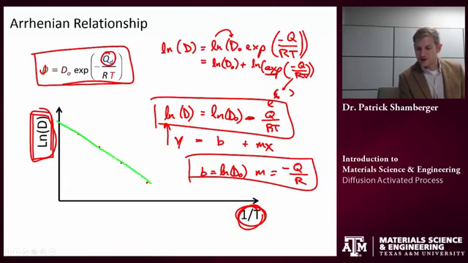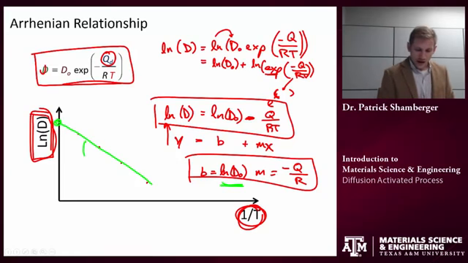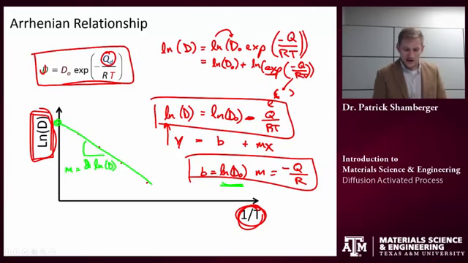And from that, I can look at the intercept, and that will give me the log of the pre-exponential factor. And I can look at the slope, right? M equals the change in log of D, that's on my y-axis, over the change in 1 over T, that's on my x-axis, and that is going to be equal to minus Q over R.